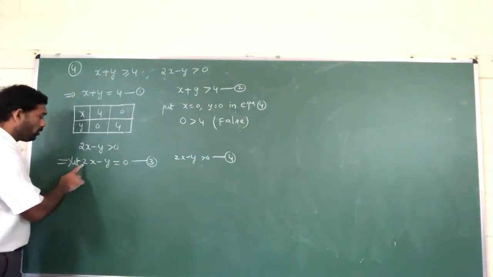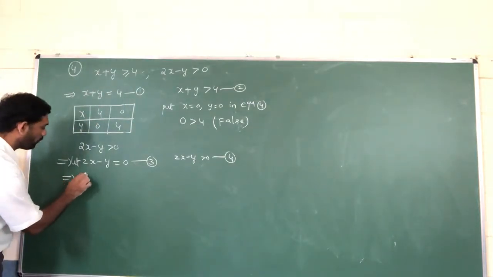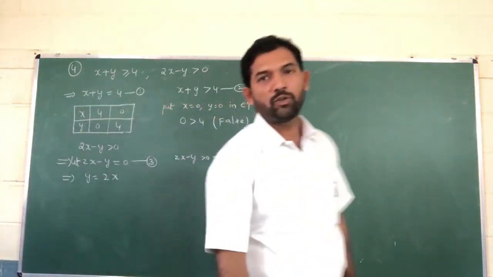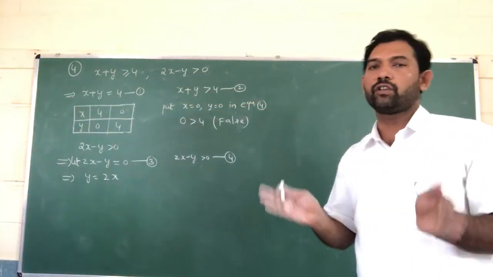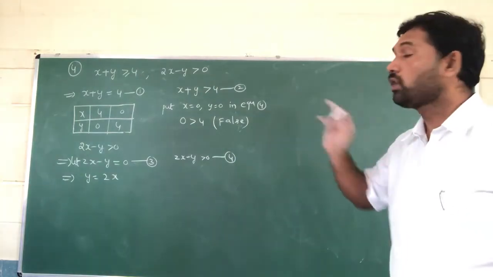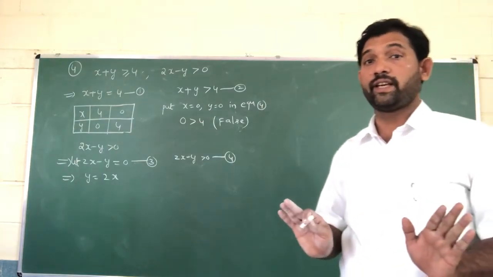Now 2x minus y can be simplified: y is equal to 2x. You don't take a box, you don't substitute any values like before. No constant is there, only two variables.